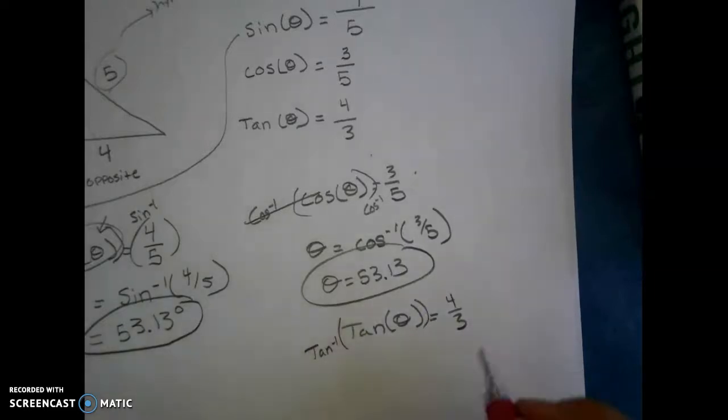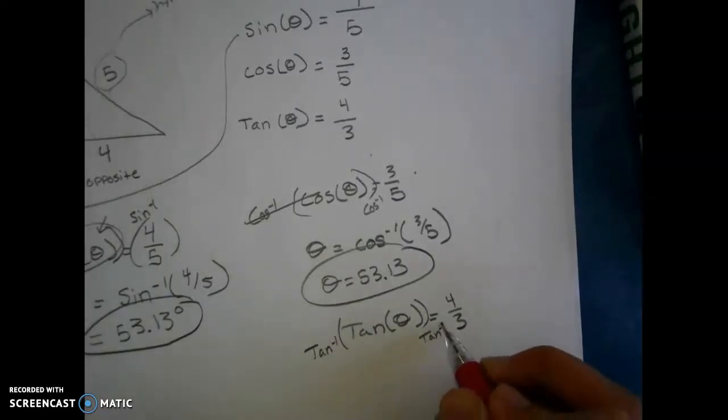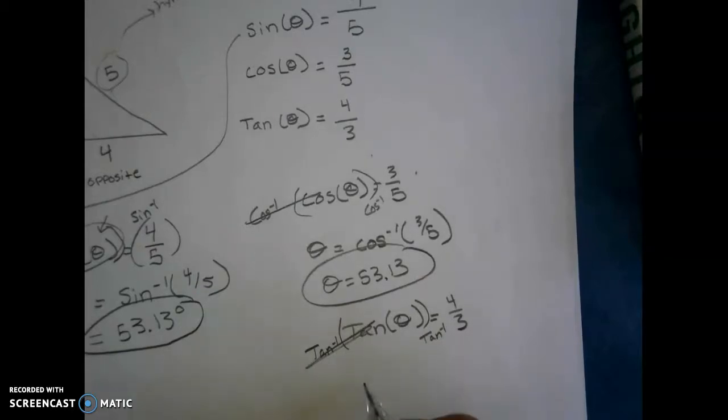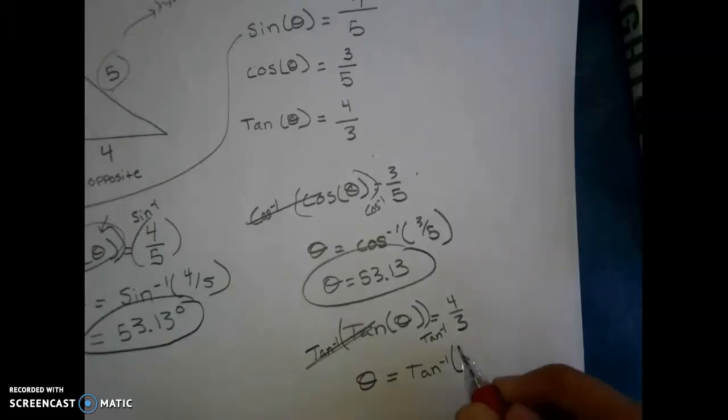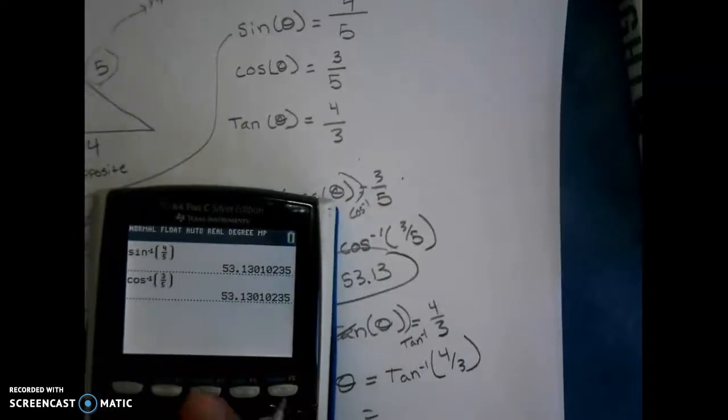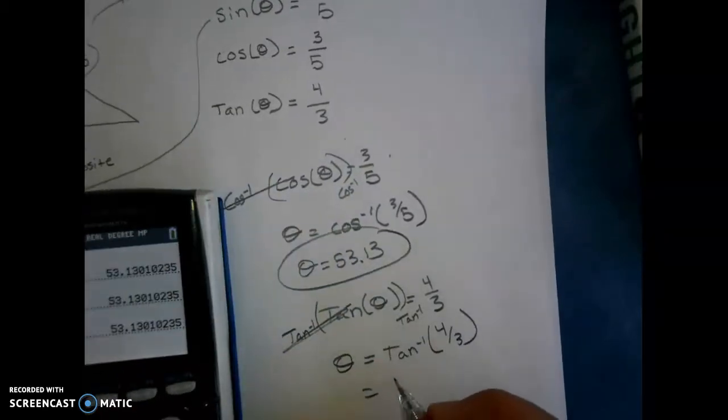That gets rid of this operator here, and I'm just left with theta is equal to inverse tangent of 4/3. So I go to my calculator, find the inverse tangent there, 4/3, and I get 53.1.